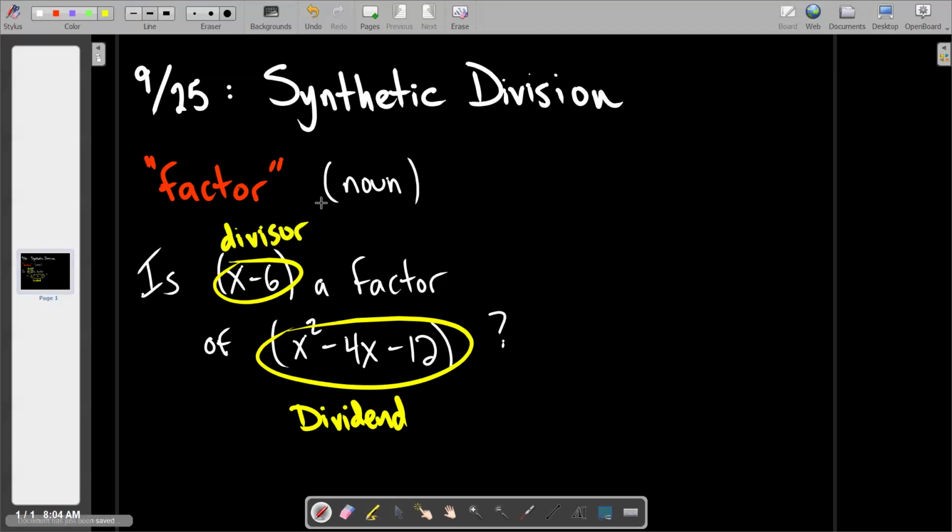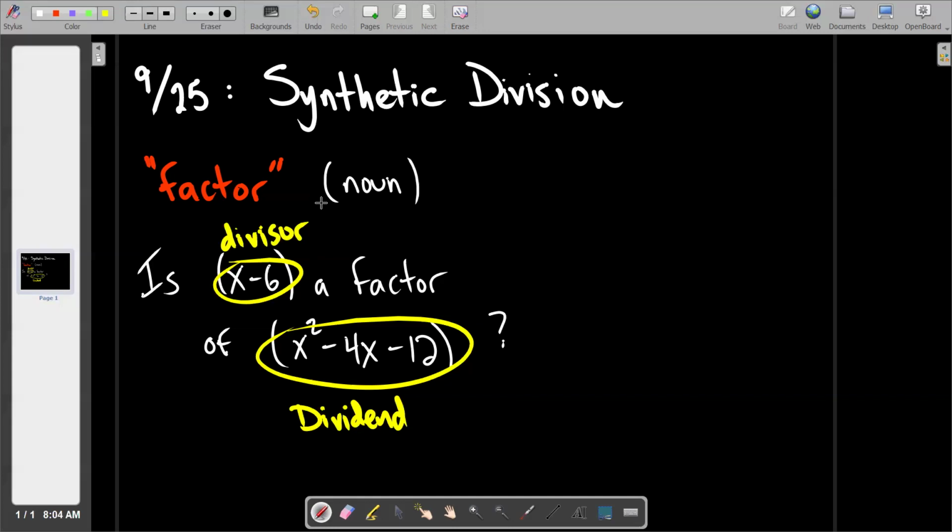You guys remember those words at all? Dividend, divisor. And then what we're trying to calculate here is what's called a quotient. So if little Johnny's sitting in class and he does 24 divided by 8, 24 is the dividend, 8 is the divisor, and 3 is the quotient, right?